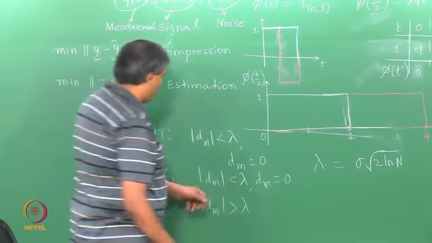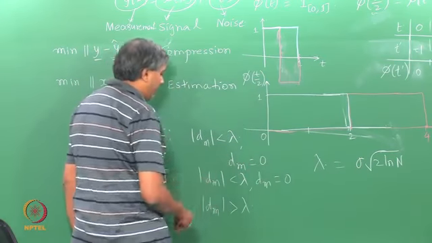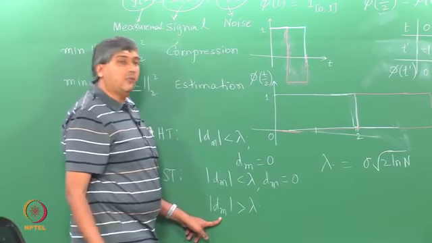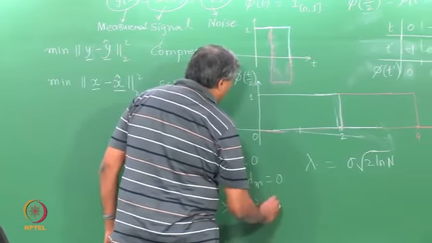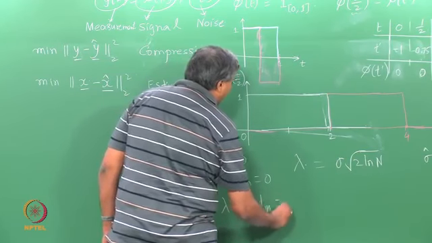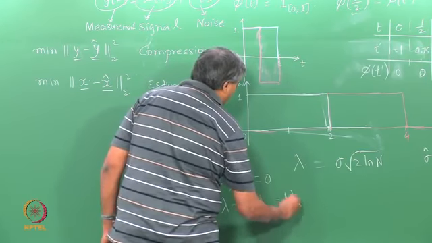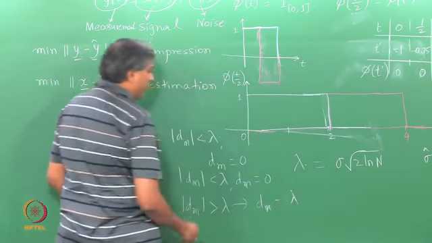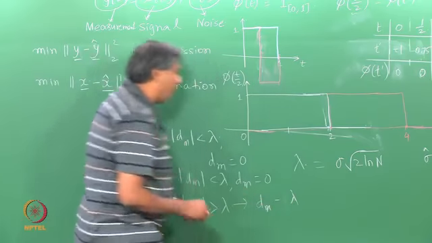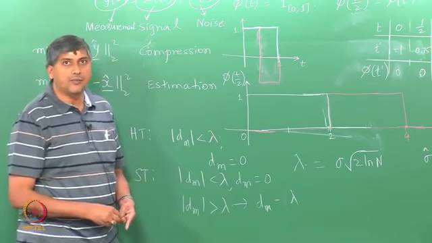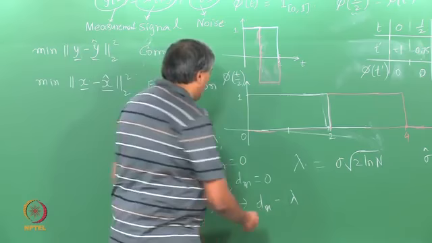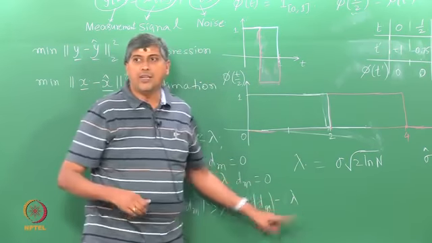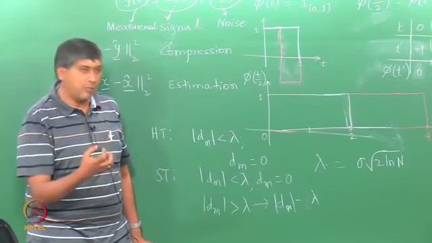For those coefficients which are greater than lambda, they are set to dm minus lambda in magnitude. So, they are shrunk. You can say that first the magnitude of dm is taken and modified to this, and then the sign is retained.